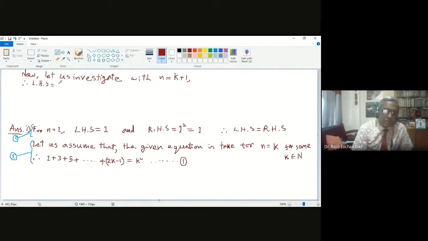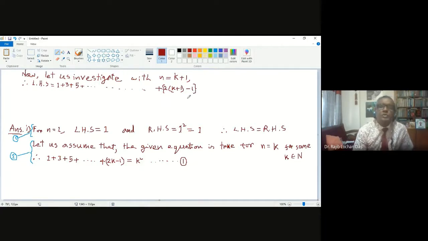So you will write like that: 1 is the first number, plus 3, then 5, and then dot dot dot. And the last number will be 2, let me use a second bracket, 2 into k plus 1, then minus 1. So this will be the last number.